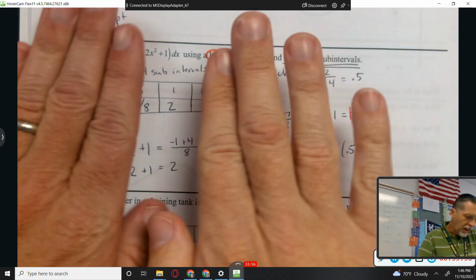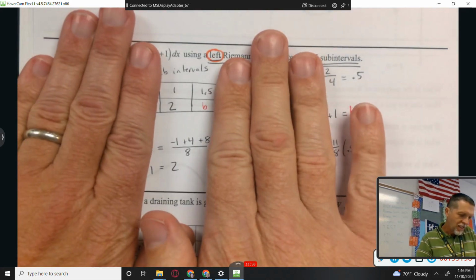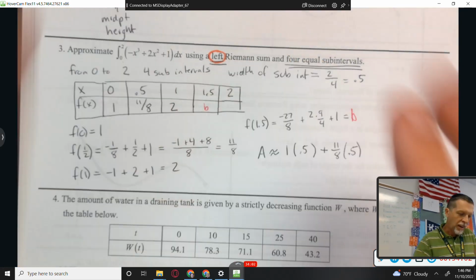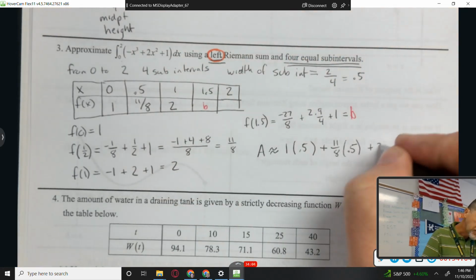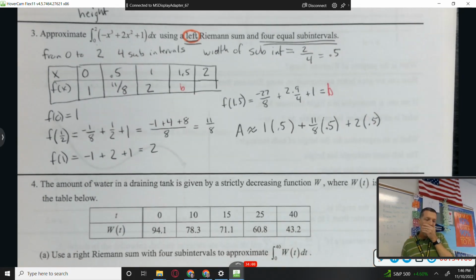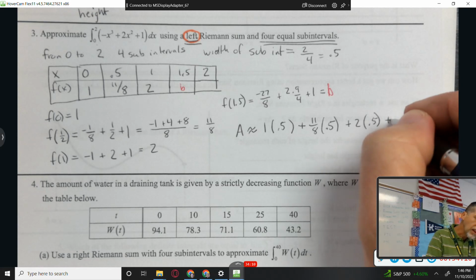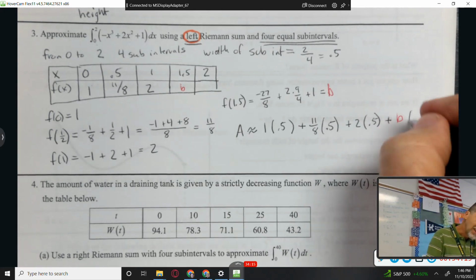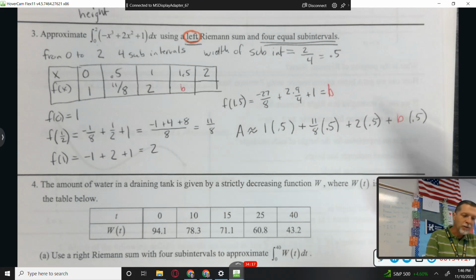All right, the next one, height. No, careful. Maybe unless you're ahead of me. The next one, the height is 2. And the width is 0.5 because the width is always 0.5 for this one. And then the last one, height is B. Completely okay because there's what B is.